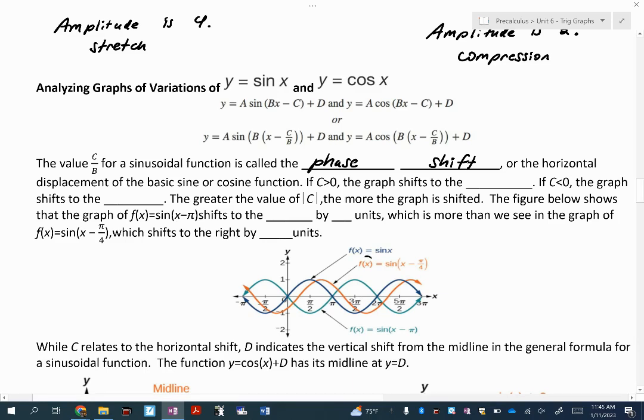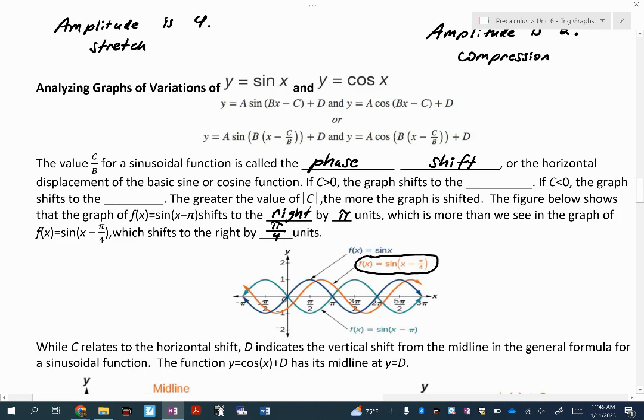Right here, it has f of x equals x minus pi over 4. I think opposite, so that's going to be a shift of pi over 4 units to the right. So that's actually this last blank here, pi over 4 units to the right. Same thing if I have minus pi, that's going to be a shift to the right by pi units.